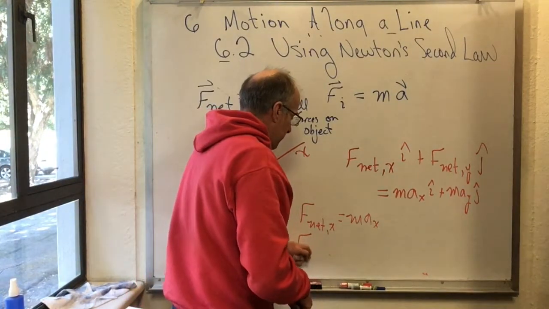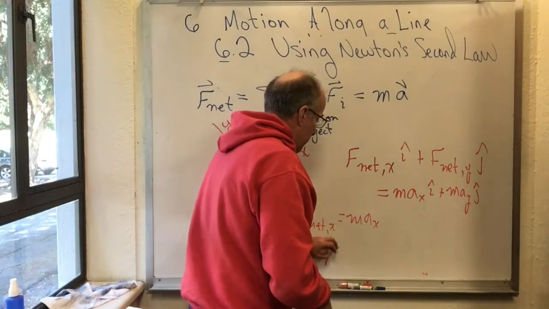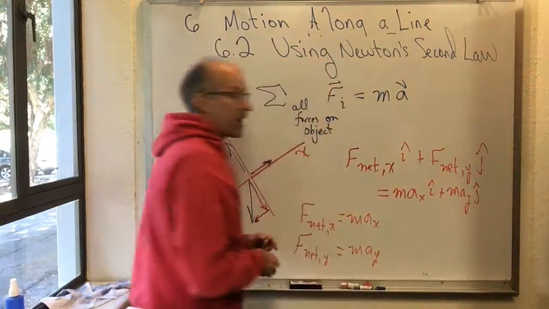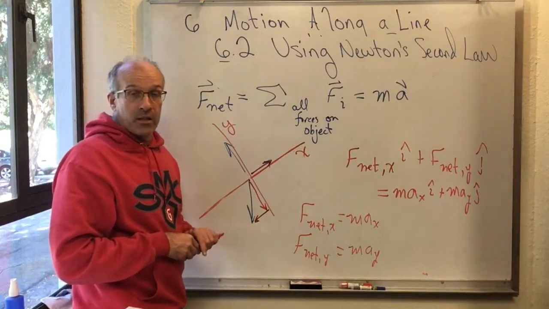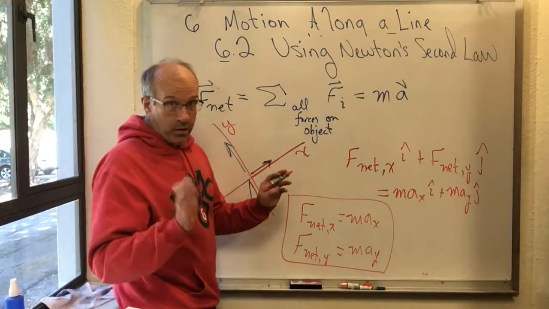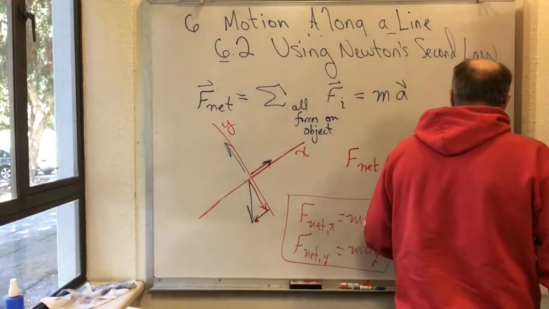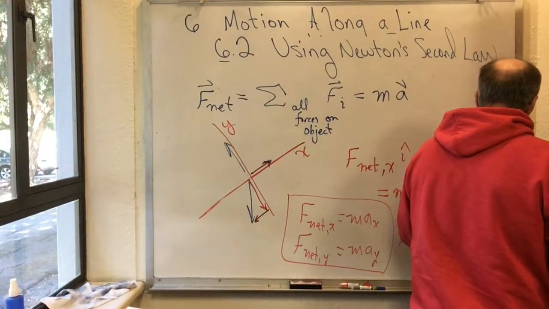And F net sub y must equal m a sub y, because that's what multiplies j hat on both sides of the equation. And of course, when we get to 3D, there's also going to be F net sub z equal to m a sub z.